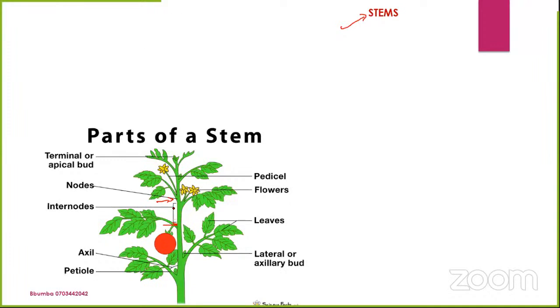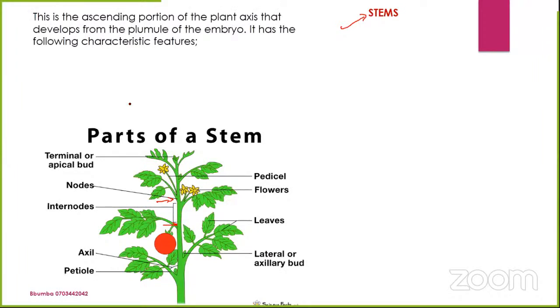A stem is an ascending portion. Ascending means moving upward from down. So this is an ascending portion of the plant axis that develops from the plumule of the embryo. It has the following characteristics.